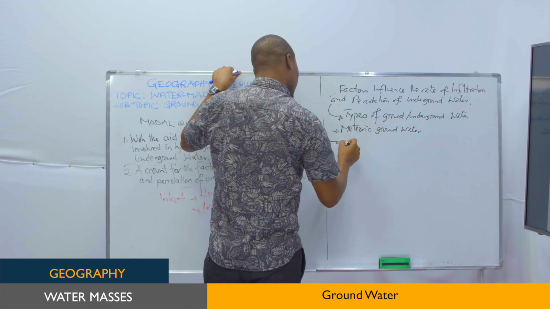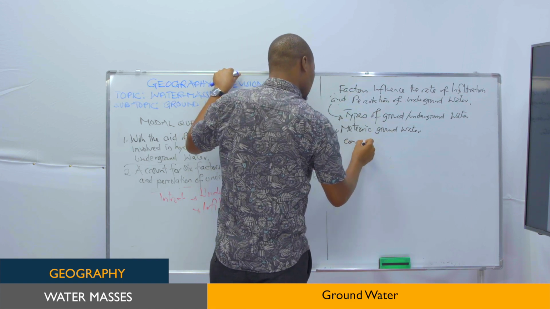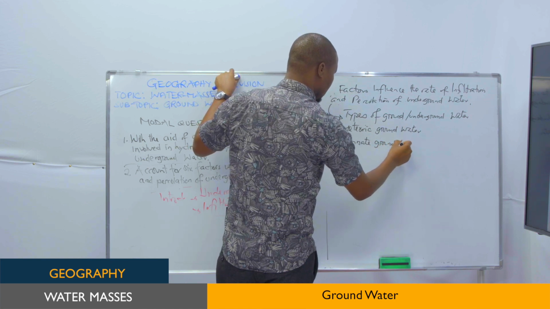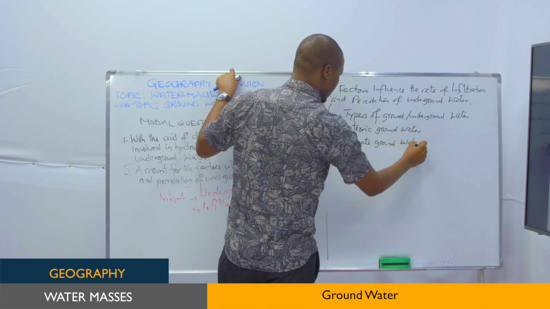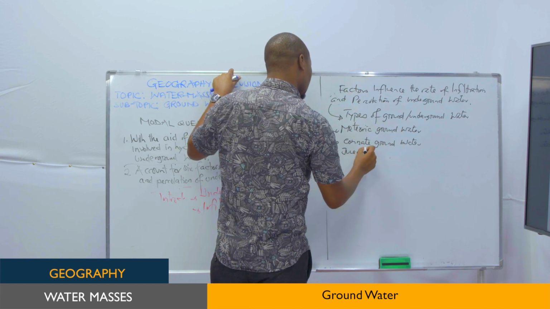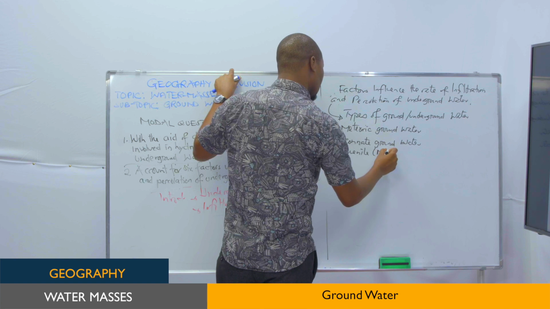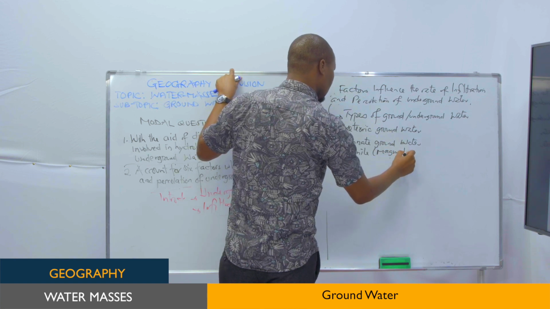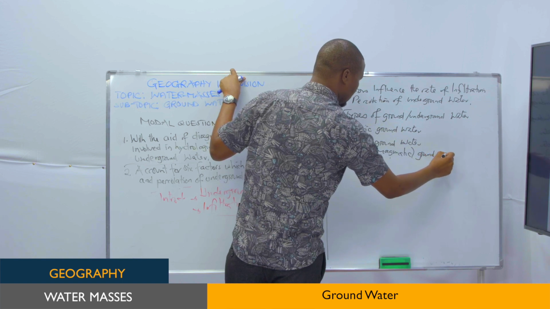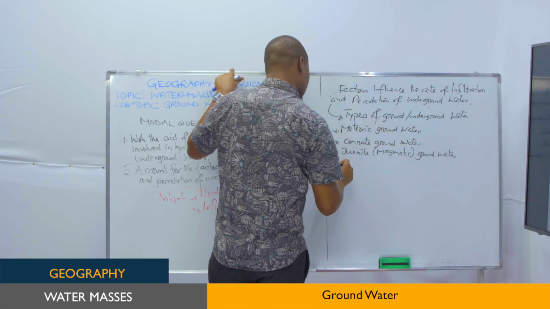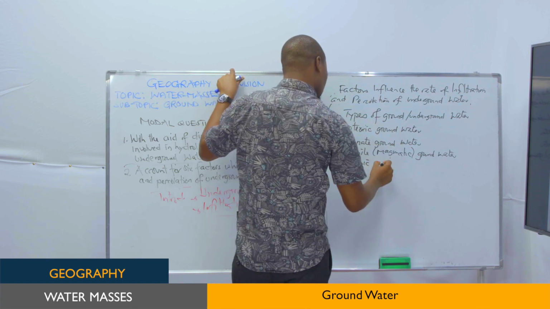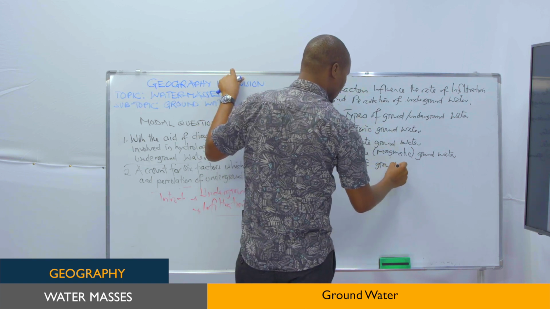Then we have the connate groundwater. Then we have the juvenile, or sometimes they call it magmatic groundwater. And the last one is oceanic groundwater.